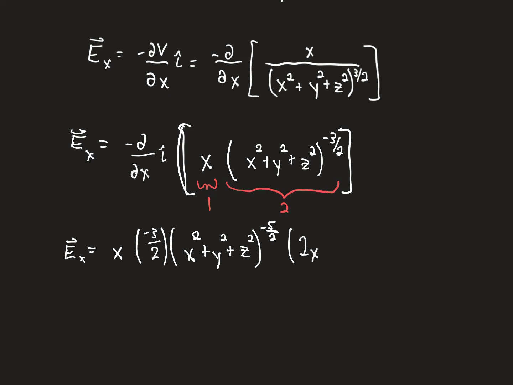What happens to y squared? It doesn't have an x in it, so it's just constant. It's just 0. How about the z squared? No x, just goes to 0. That is the derivative of the second.